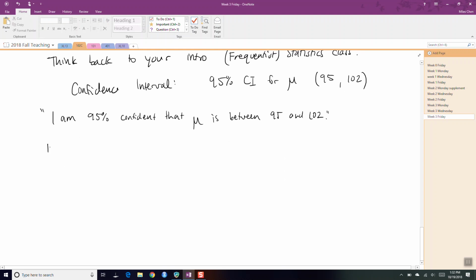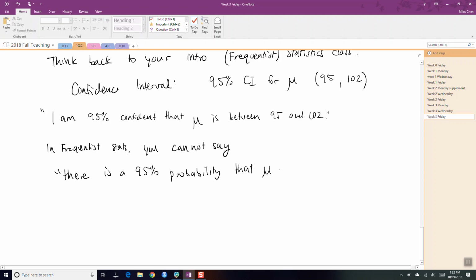Okay, so in frequentist stats, you cannot say there is a 95% probability that mu is between 95 and 102. Right? Was this at least emphasized in your intro stats class?